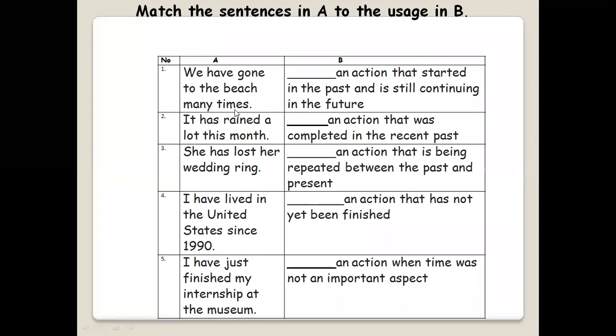Many times, which means repeated action. I've done this at different times or many times. Which usage is for this sentence? I will write the answer.